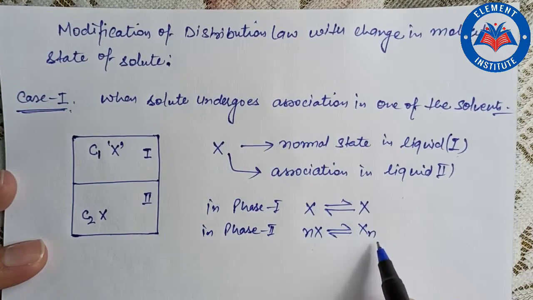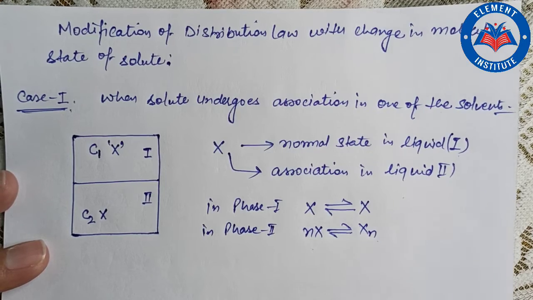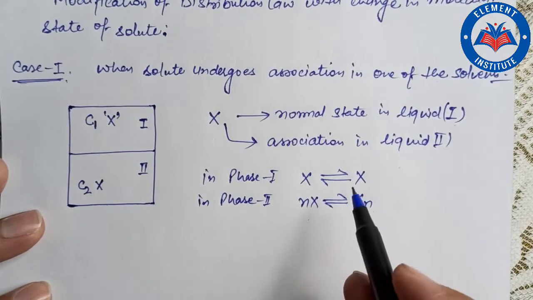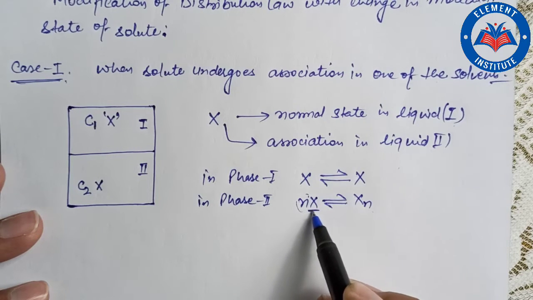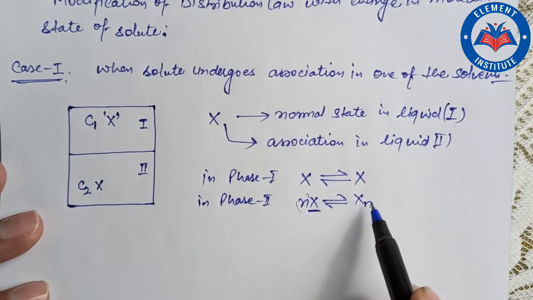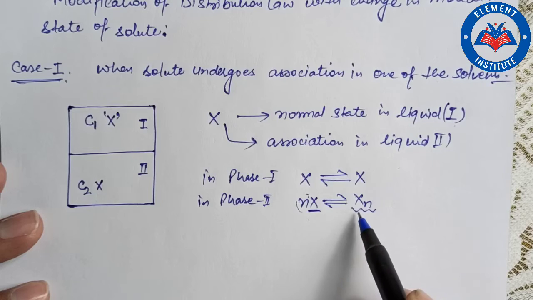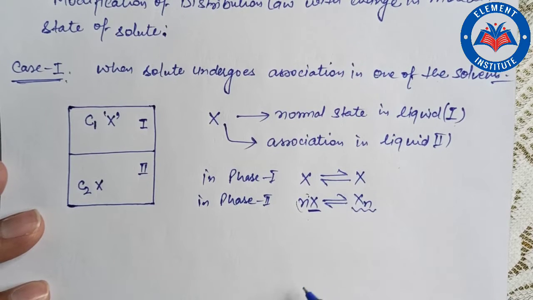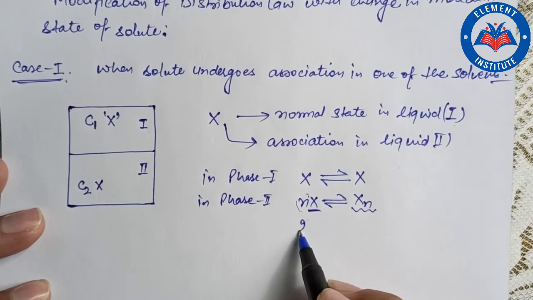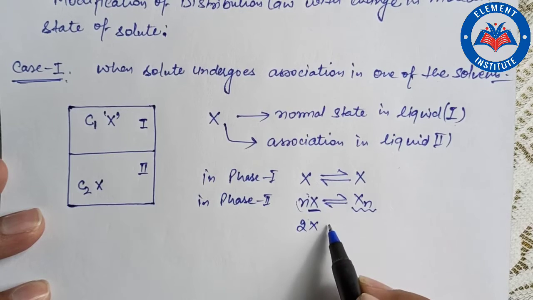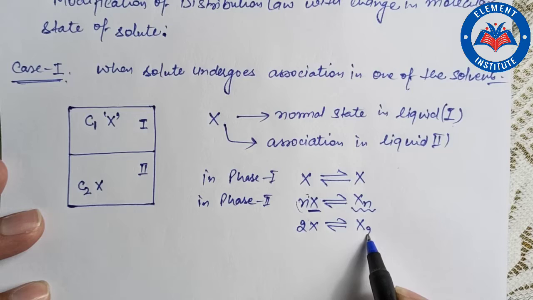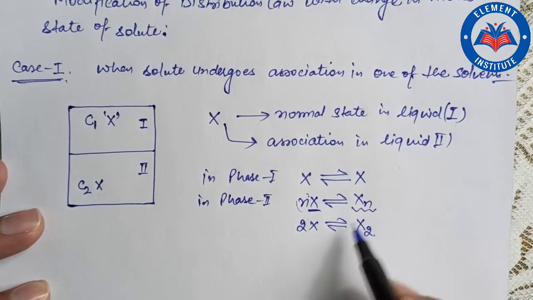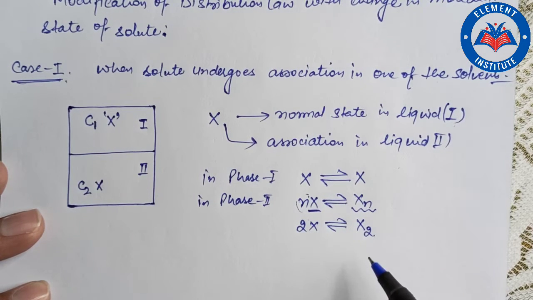In liquid 2, N molecules of X undergo association, forming this type of moiety. Suppose two X molecules combine and form one dimer molecule of this type.